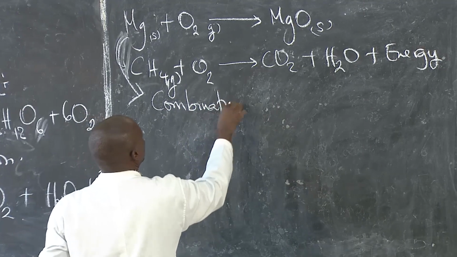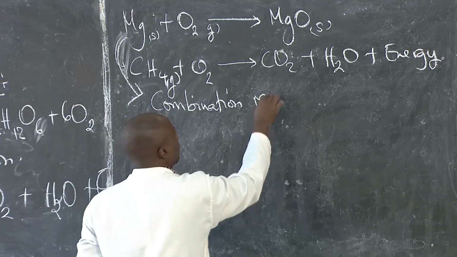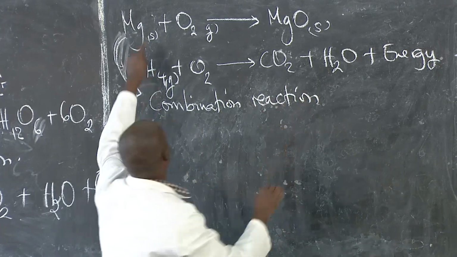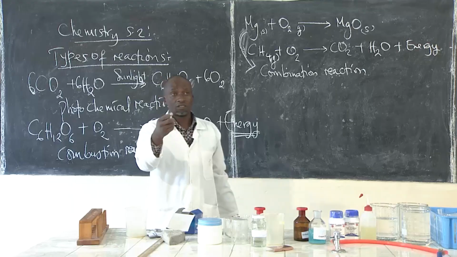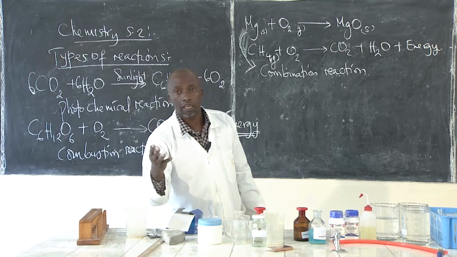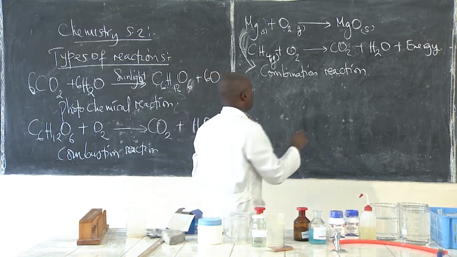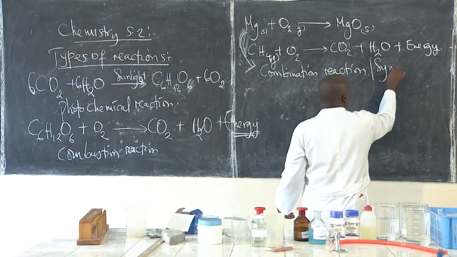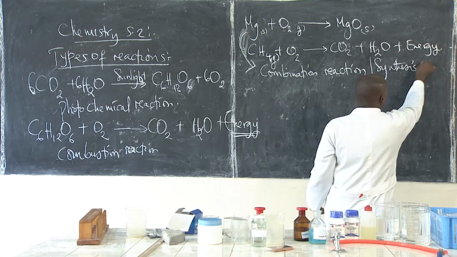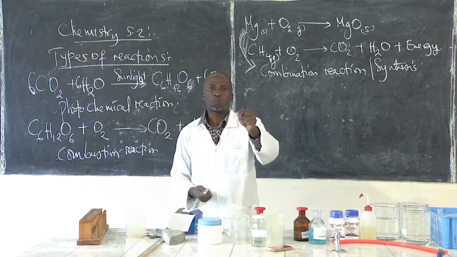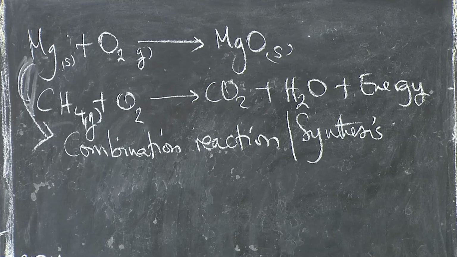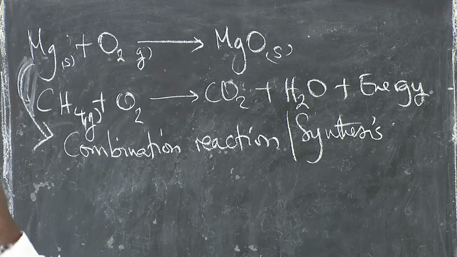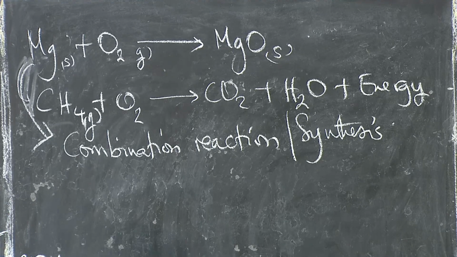This is a combination reaction. So in addition to being combustion, it can as well be a combination reaction or synthesis. A synthesis reaction: one product is synthesized, or made, or produced from its elements in their standard states.